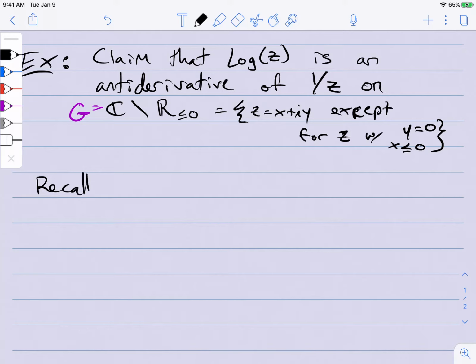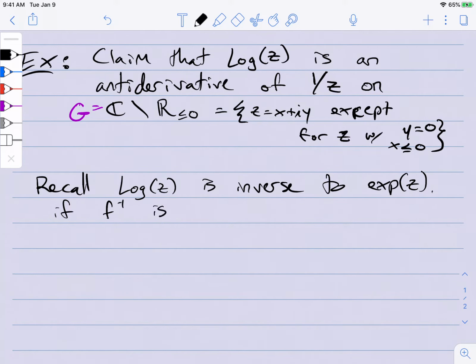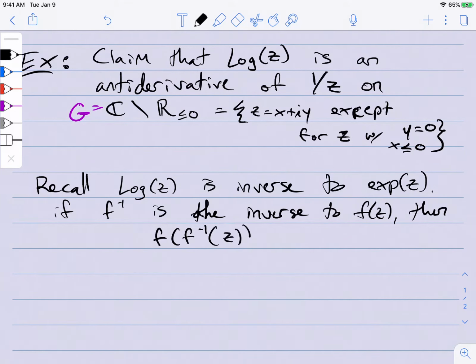So recall, log z is an inverse function to the exponential function exp of z. And in general, if f inverse is the inverse function to f of z, then what that means is that f of f inverse, if I compose these two functions, I get back what I started with.